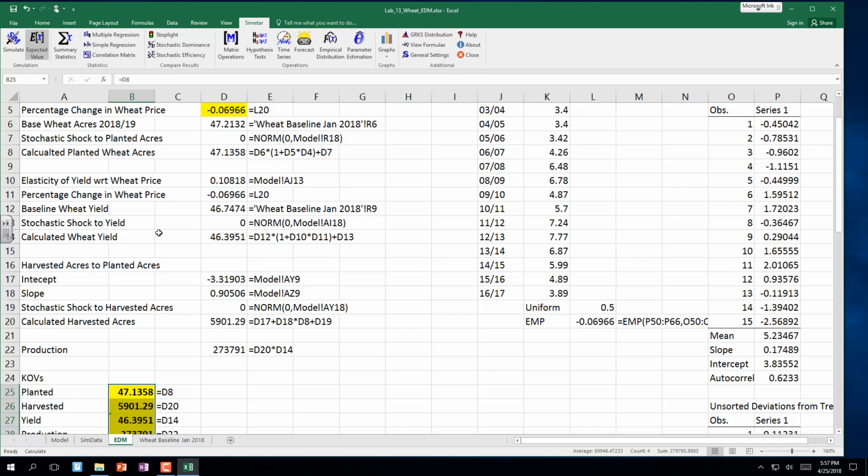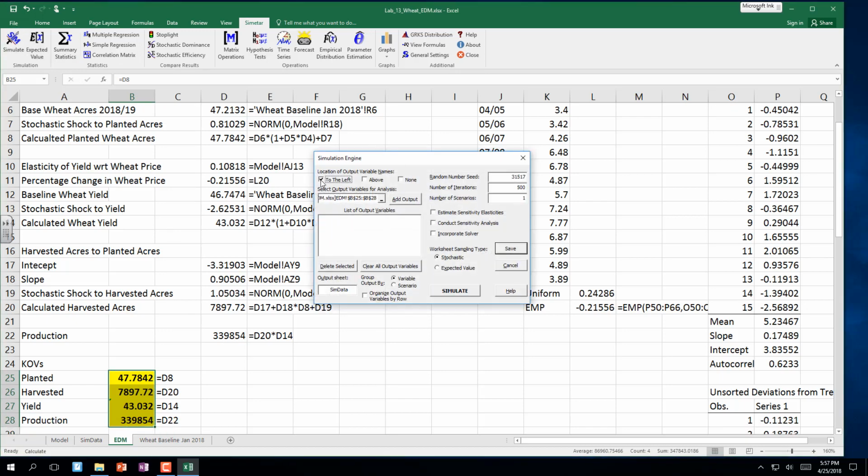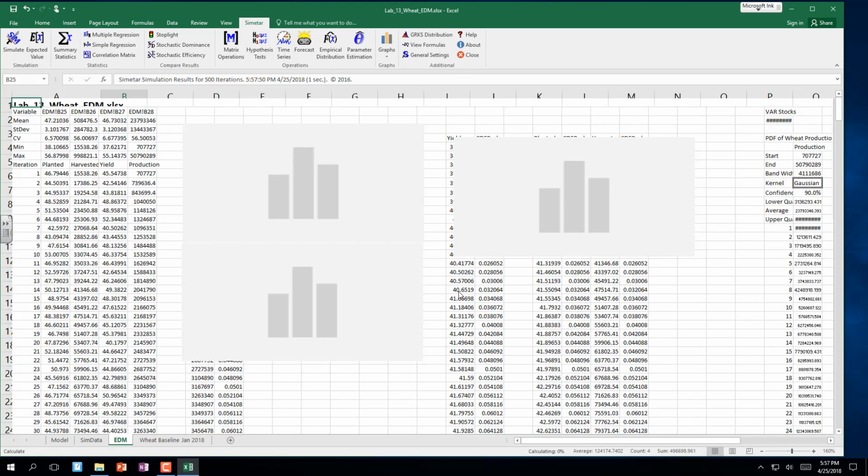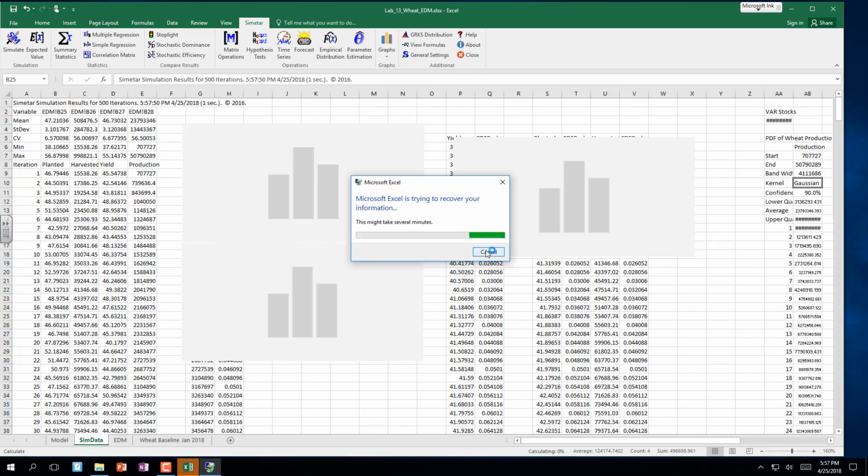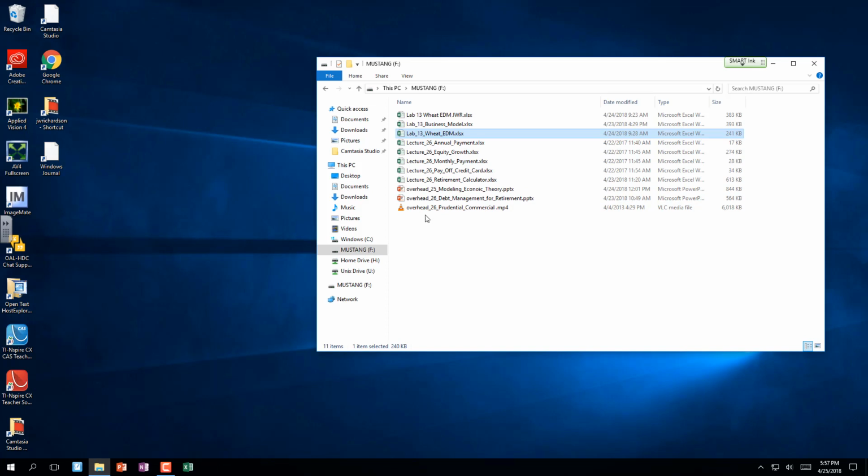Okay. So if I simulate this, I'm just going to send it to send data because I've already got stuff prepared there. Oh, cancel. Did it crash for anyone? Just me.